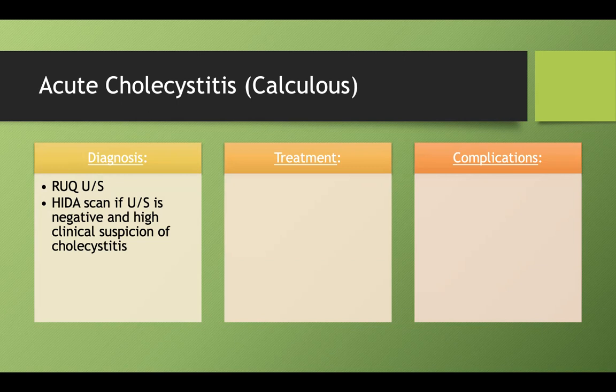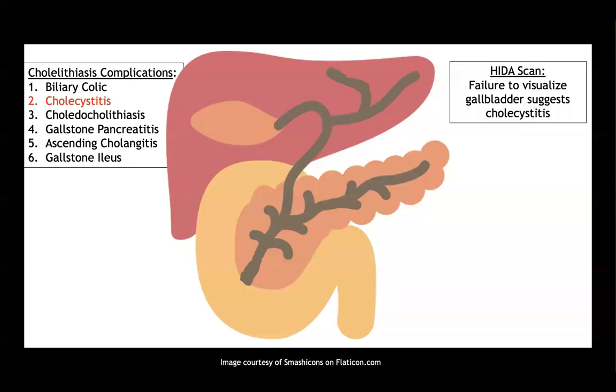So if your suspicion is high, you can do something called a HIDA scan. And the classic thing on tests is that if you fail to visualize the gallbladder on a HIDA scan, that's suggestive of cholecystitis. So what does that mean? Basically, in a HIDA scan, you release contrast into the bloodstream. Some of that will end up getting picked up in the liver.